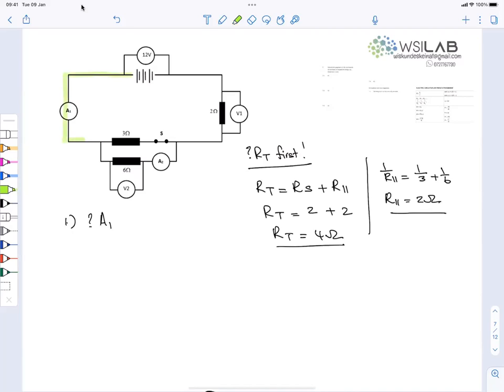You can calculate A1. Five minutes left. I want you to calculate A1, V1, and V2.